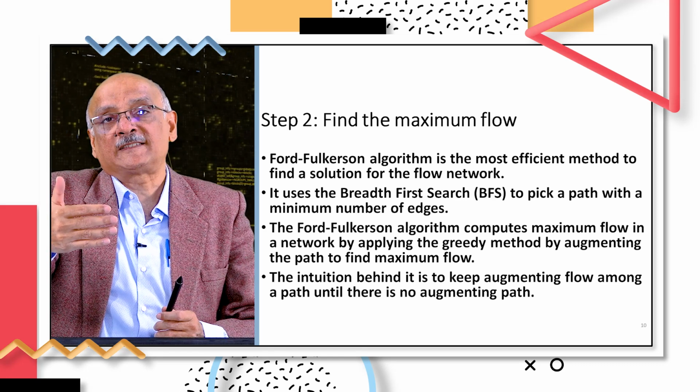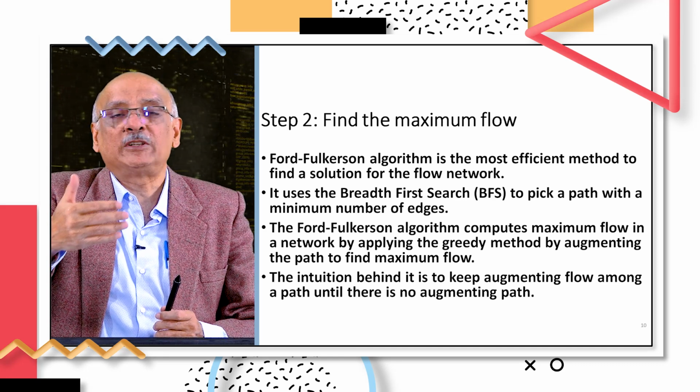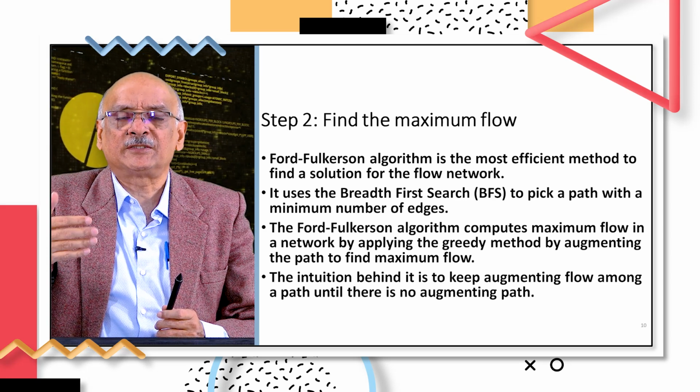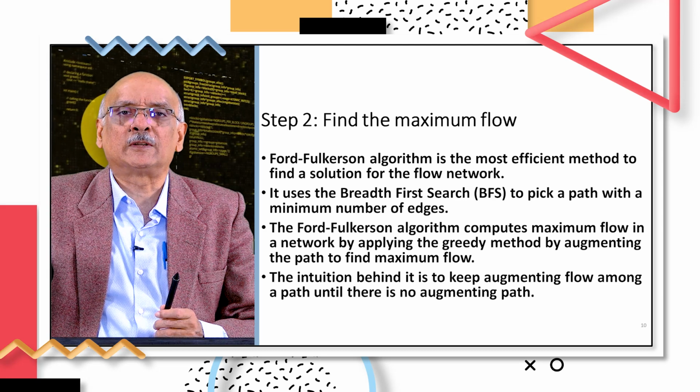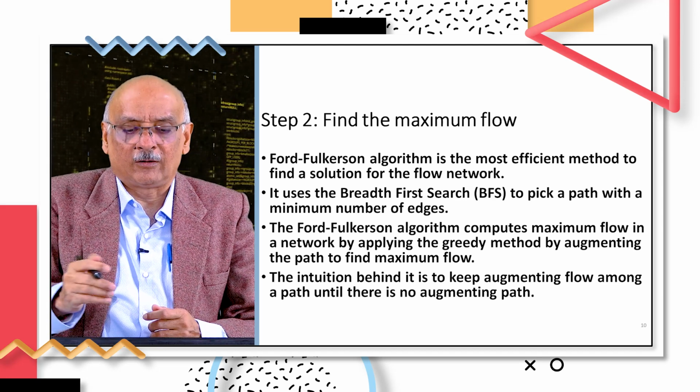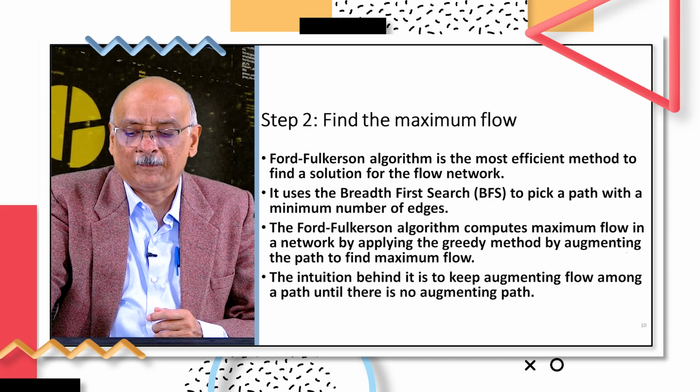So now the first step is going to be breadth first search, which we are not going to do. We can also use depth first search, because from one particular source to one particular sink, we can also use DFS.